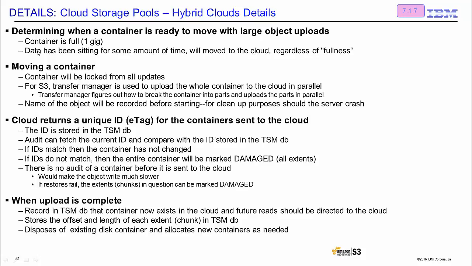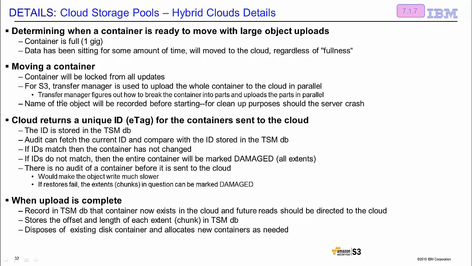So we move this data when the network's available and when we have a container that is written to the full extent. For the S3 clouds, we will start moving the data across the network once the data in the staging area fills up the container, which is about 1 gigabyte, or if that data has been sitting there for a while, we'll flush it out.